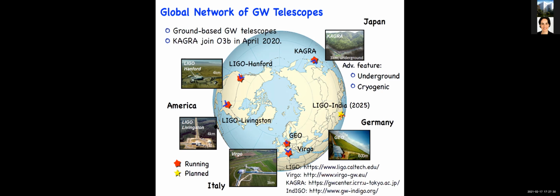In Europe, they have Virgo and GEO; however, GEO is mid-scale, with a length of 300 meters. Then there is KAGRA, located in Japan, which has two advanced features.